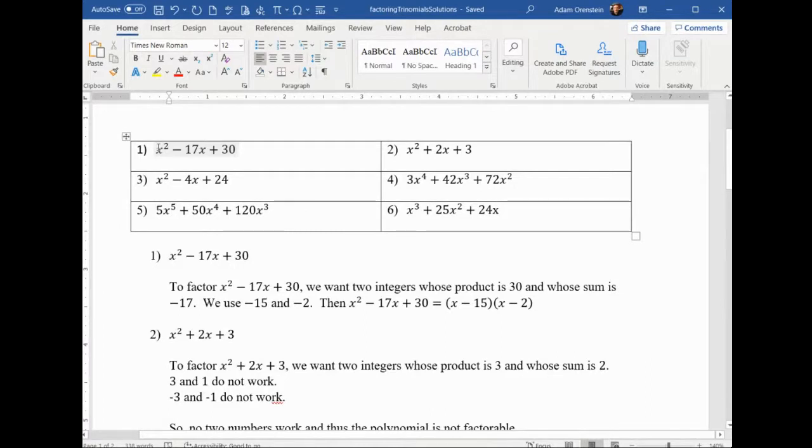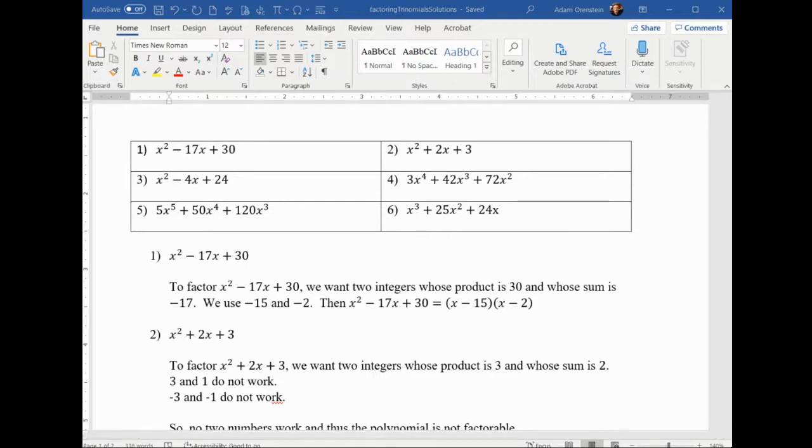The leading coefficient is 1, and so the only common factor among the coefficients and the constant term is 1. So basically the GCF would be 1 times x to the 0, which is just 1, of course. Although x to the 0, again, is not that precise, it just gives you a way of remembering. So the GCF for this is 1.